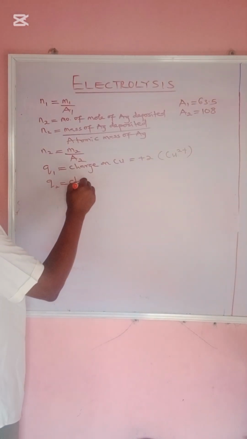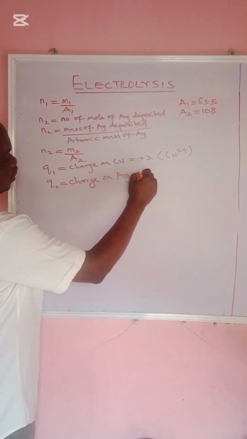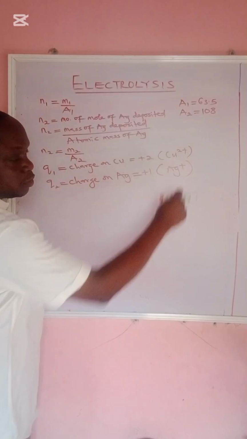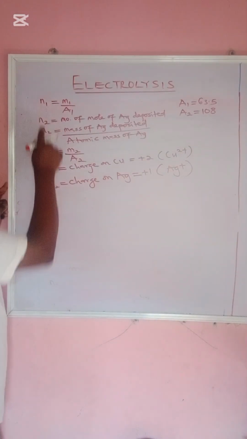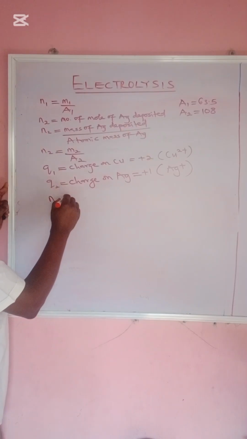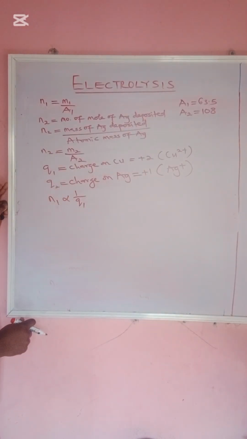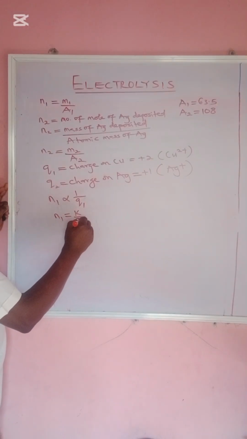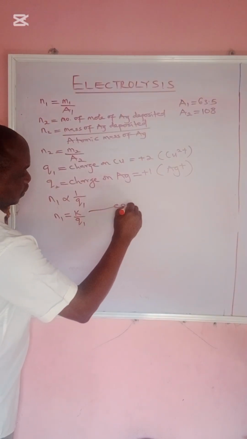Q2 represents charge on silver, which is plus 1, because silver is written as Ag plus. So the law now states that N1 is inversely proportional to charge 1. So we say N1 is equal to K all over Q1. We call it equation 1.